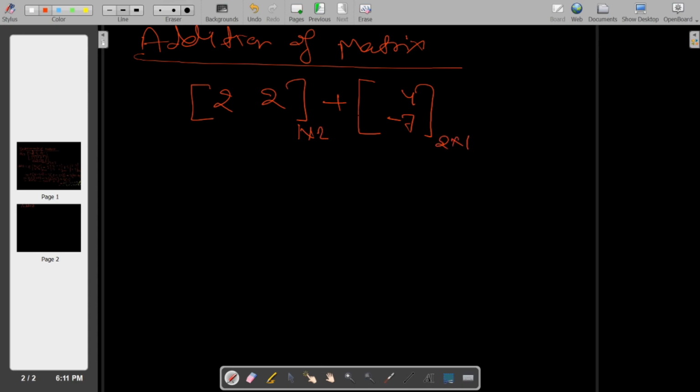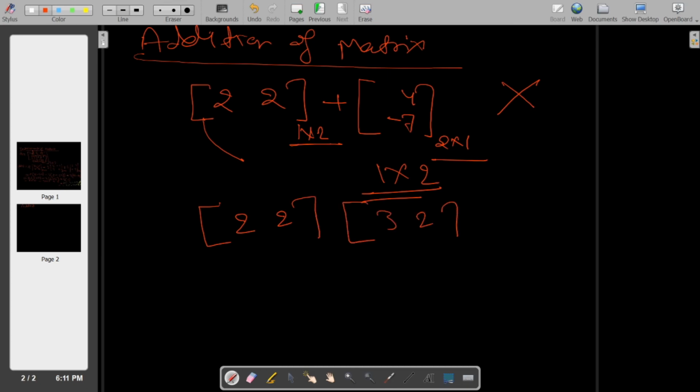Can we add these two matrices? No, we cannot, because the order is not the same. If you want to add this matrix with some other matrix, that matrix also should be of the form 1 cross 2 only.